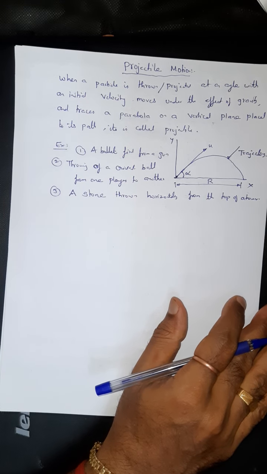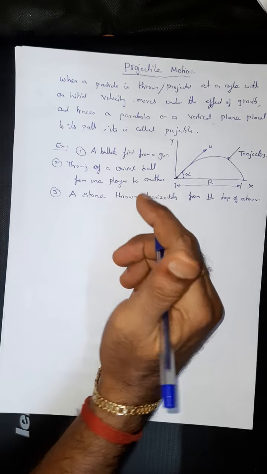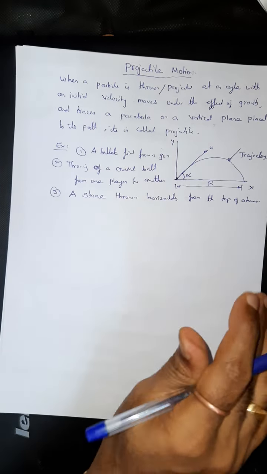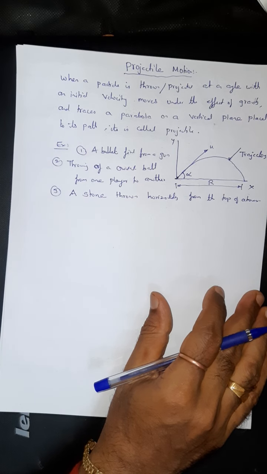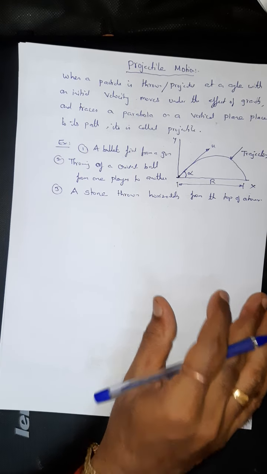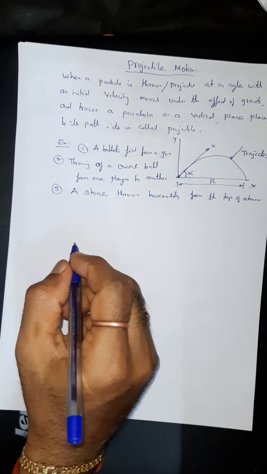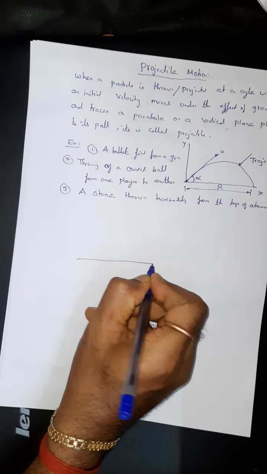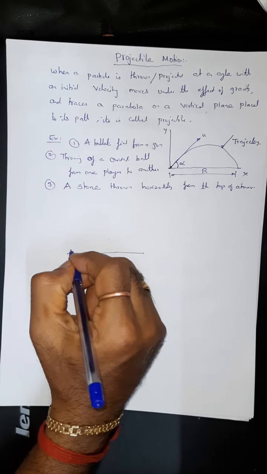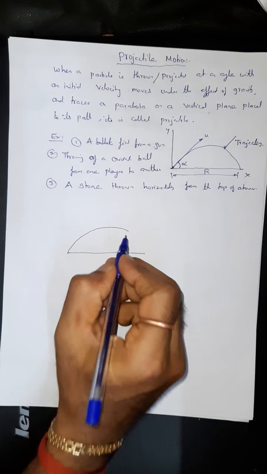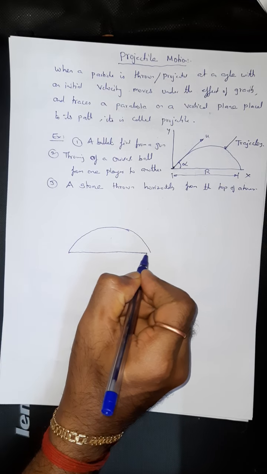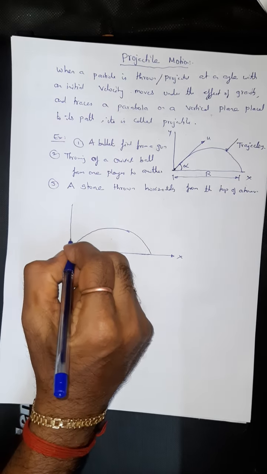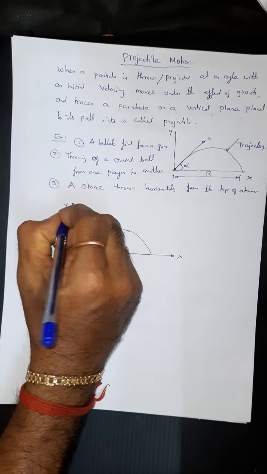A couple of assumptions should be made when you do the analysis of projectile. The acceleration due to gravity is constant throughout the range, and the air resistance is negligible. Let me redraw this diagram in detail. This is the trajectory of the projectile, this is the x-axis, this is the y-axis.